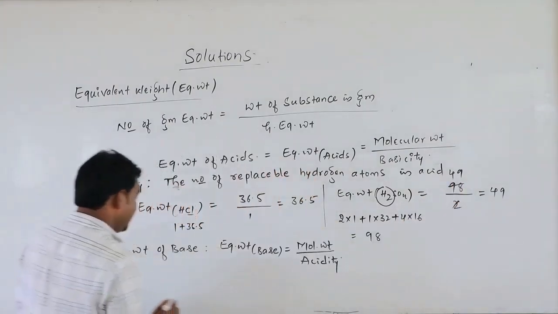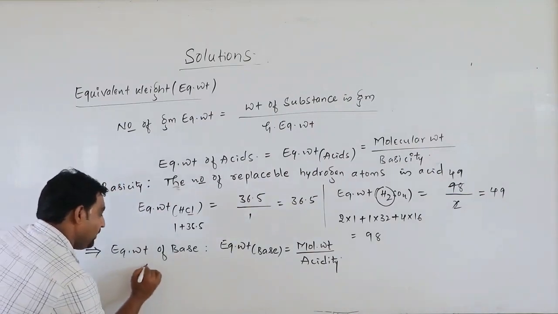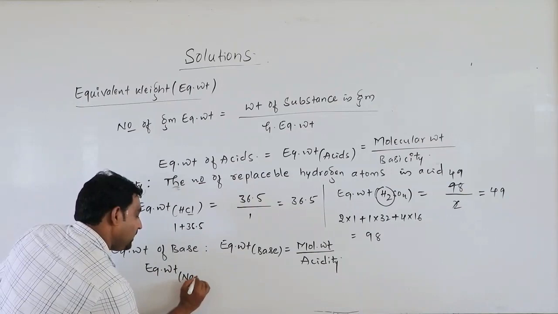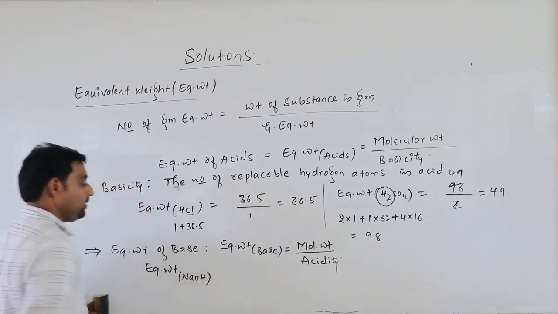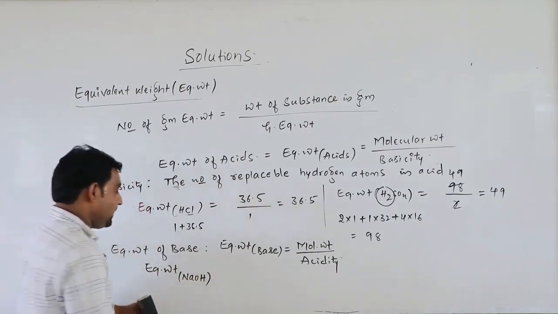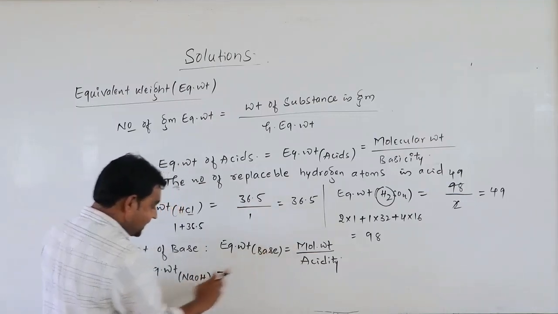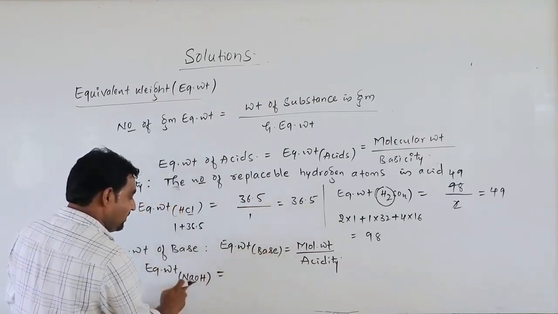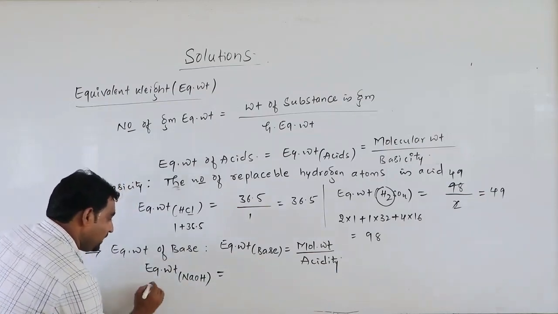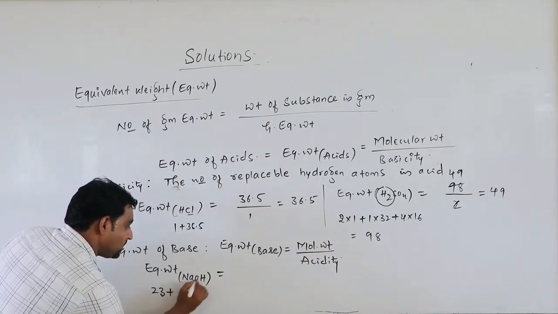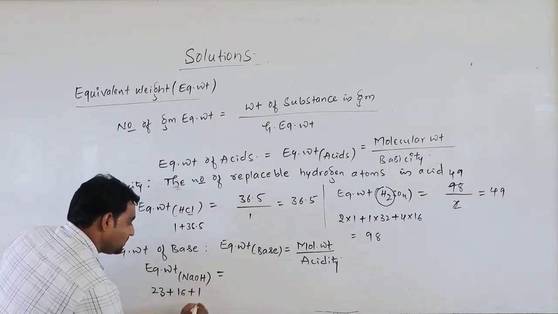So for example, you can take the equivalent weight of a base like NaOH: molecular weight of NaOH divided by acidity of NaOH. How to calculate the molecular weight of NaOH? It is 23 plus oxygen 16 plus hydrogen 1.